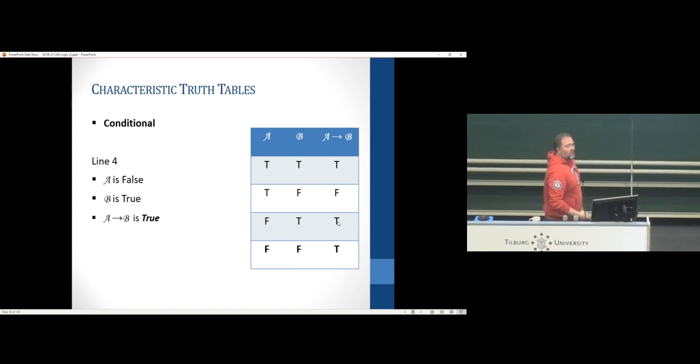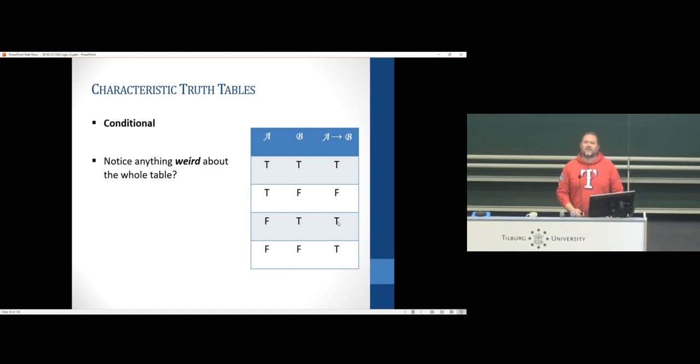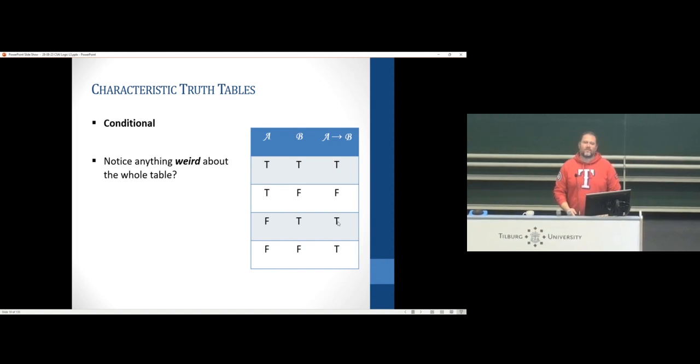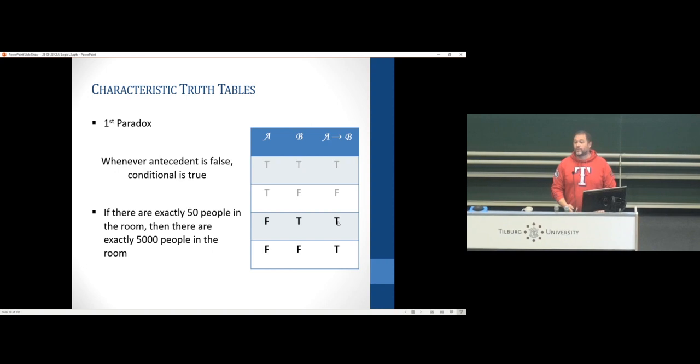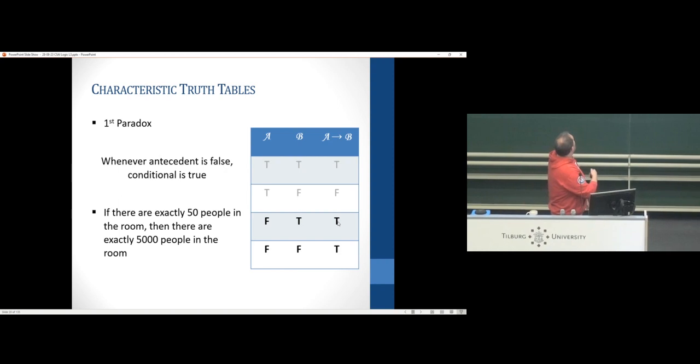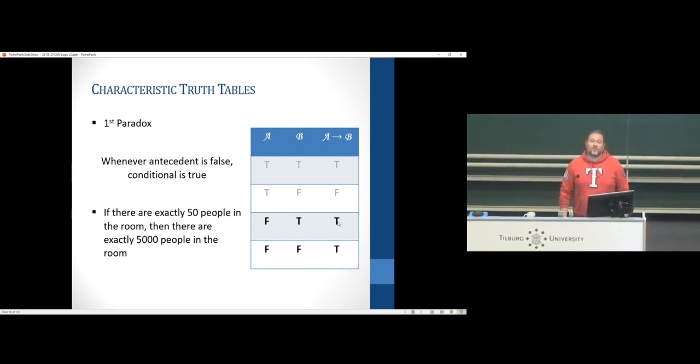So, one way we can kind of draw out why it's weird is let's think about it. Right? So here's one point of weirdness. Whenever the antecedent's false, the conditional turns out true. So here's a true conditional. If there are exactly 50 people in this room, then there are exactly 5,000 people in this room.